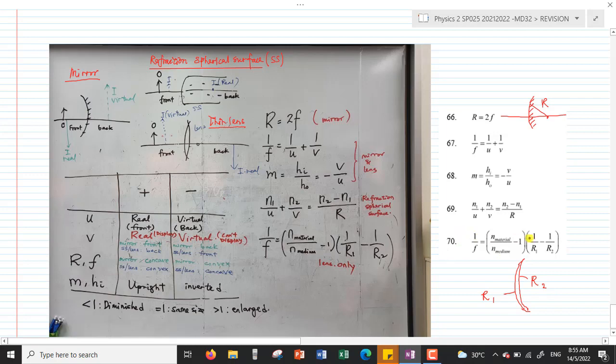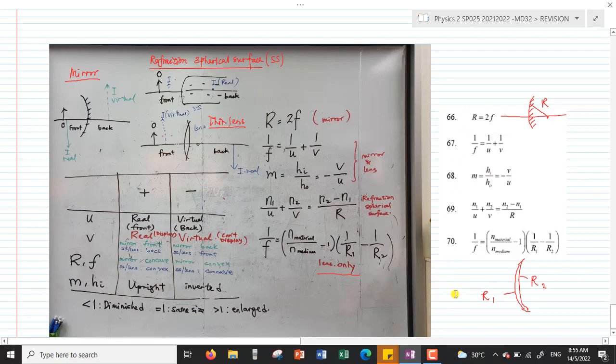So for a thin lens, in order to find the focal length, we have to use equation 70. That one is only for lens. But in order to find the focal length for a spherical mirror, we use equation 66. So do not mix up equation 66 with 70.